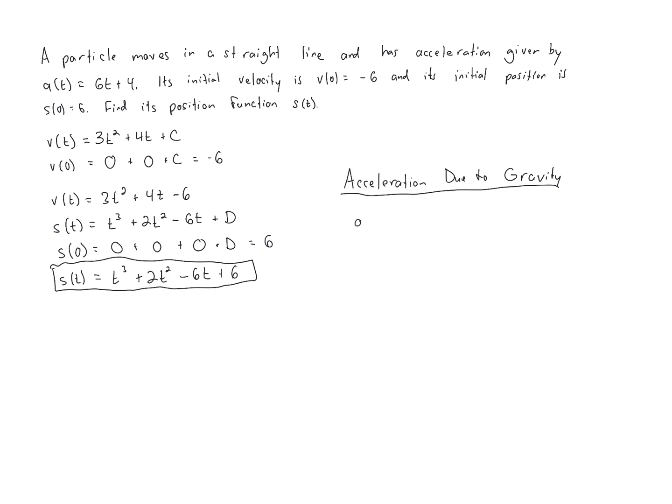So long as we are close to the surface of the Earth, that acceleration is given by g, a constant, and that is approximately equal to 9.8 meters per second squared if we're dealing with metric, or 32 feet per second squared if we're dealing with imperial units.